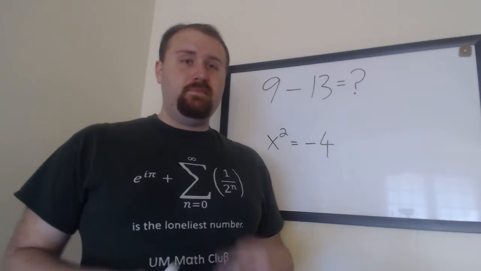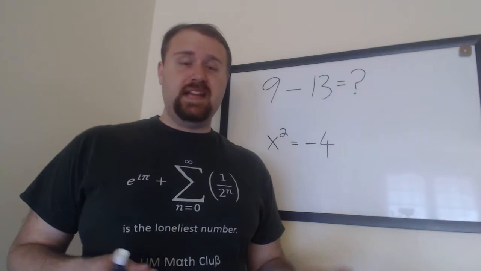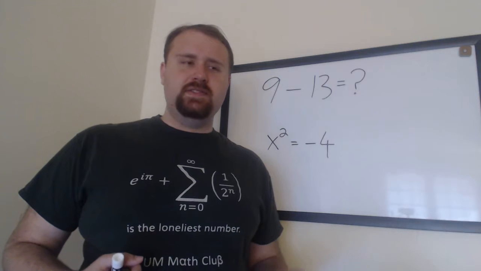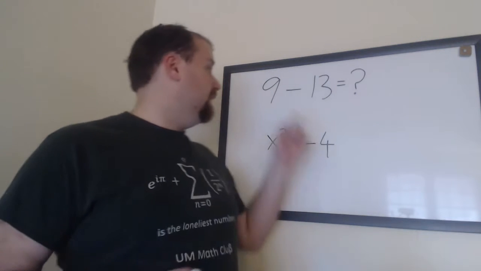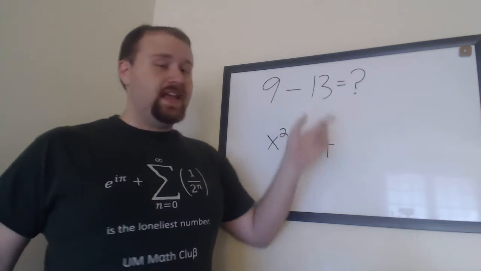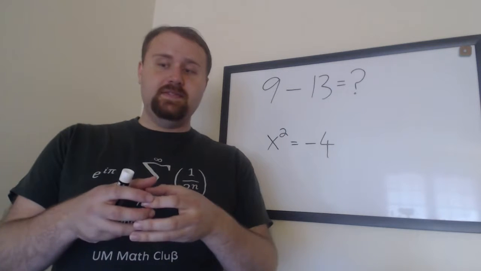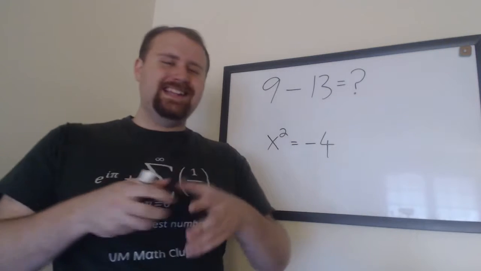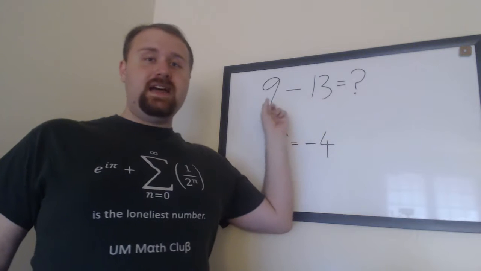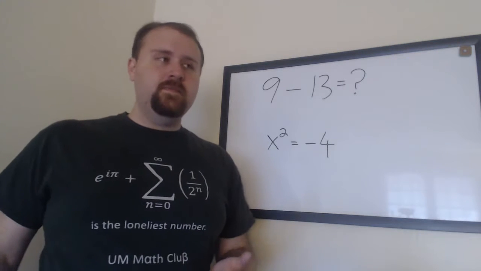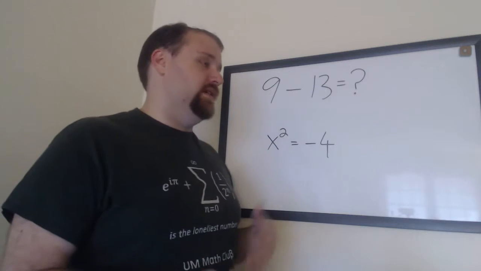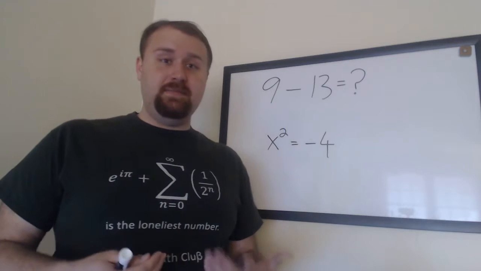For example, in our early days of mathematics, when we're first learning, it doesn't make sense for us to do something like this problem here. Normally we think, if I have a group of things, and I take away from that group, I can't take more than what was originally there. So taking away 13 from 9 doesn't make any sense. Well, then we learn in algebra about these things called negative numbers.